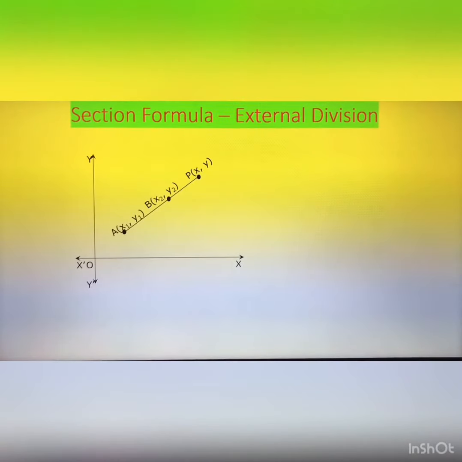See in the diagram, this is the x-axis and y-axis, and here are two points A and B, and this point P lies outside of line segment AB, with point A having coordinates (x1, y1) and point B having coordinates (x2, y2), and let point P have the coordinates (x, y). So our requirement is to find the values of x and y.